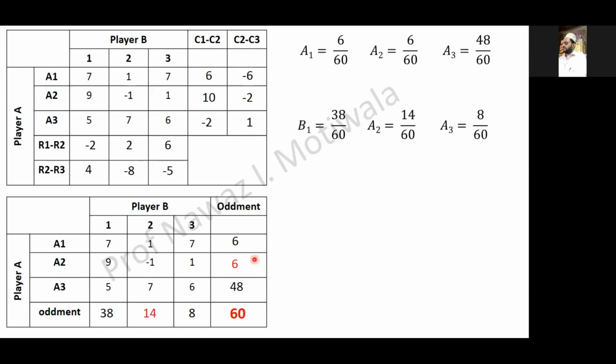Plus 5 multiplied by 48. The total I will get is 336. And this should be divided by the total number of oddments, that is 60. So you will get the value of the game as 5.6.